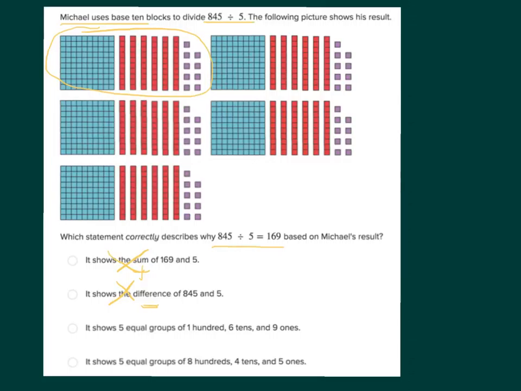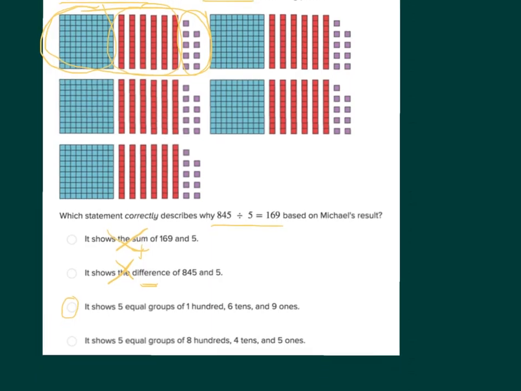Okay, the third one. It shows 5 equal groups of 100, 6 tens, and 9 ones. 100, that's right here. 6 tens, that's right there. And 9 ones. It does show that, 5 equal groups. Okay, so that's looking good. And let's look at this last one to make sure that it doesn't make sense.